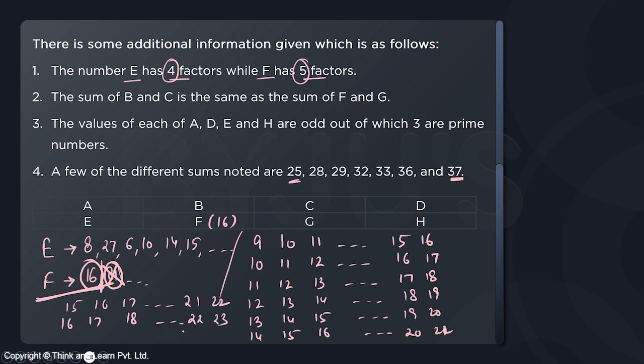Why have I made all these possible cases? The reason is the sums that we are getting are 25 to 37. How can I get a sum of 37? Do I get a sum of 37 in any of these cases? Can you just check that? In the first case, am I getting a sum of 37? The largest possible numbers add up to 15 plus 16, that is 31. Not possible.